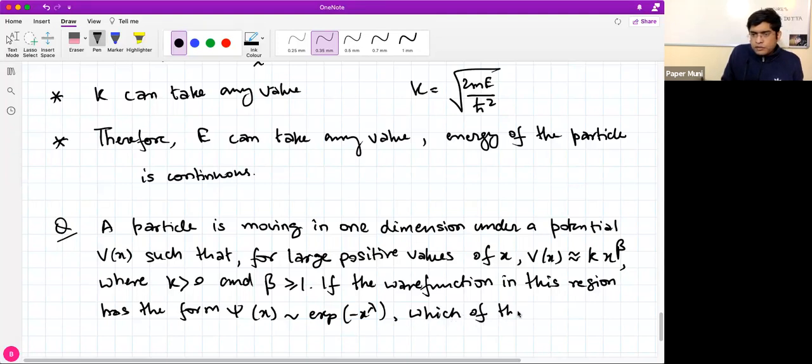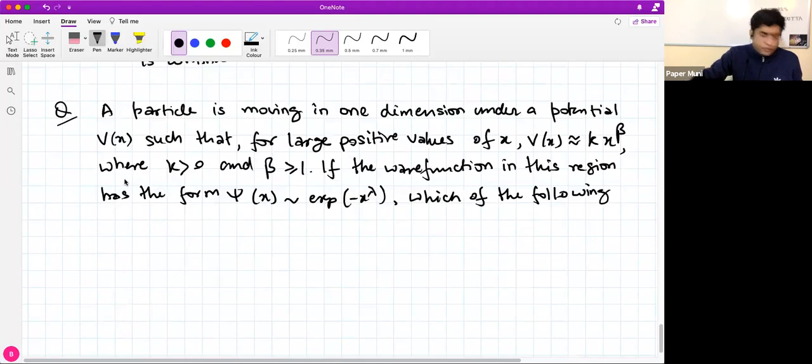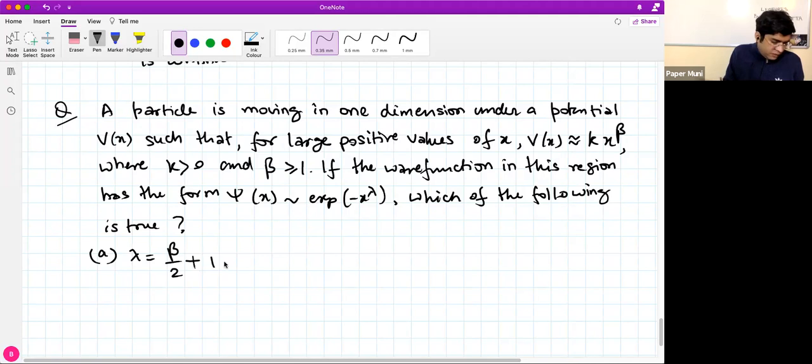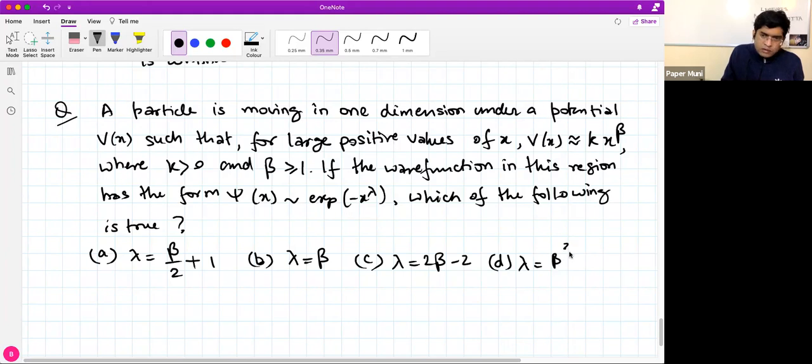Option A is lambda equals beta by 2 plus 1. Option B is lambda equals beta. Option C is lambda equals 2 beta minus 2. And option D is lambda equals beta squared by 2.